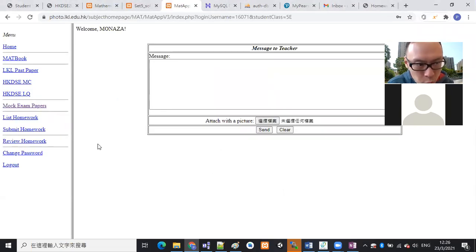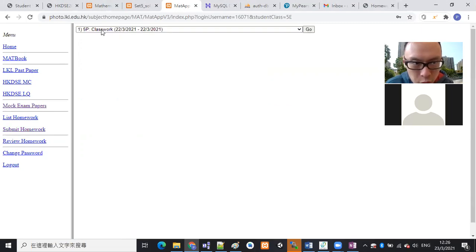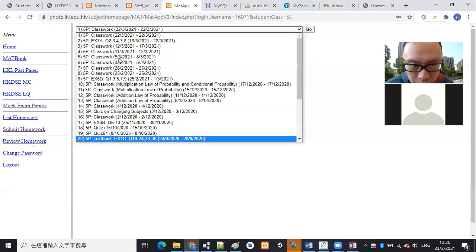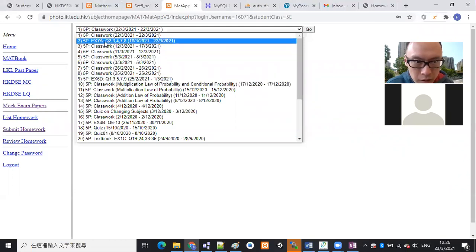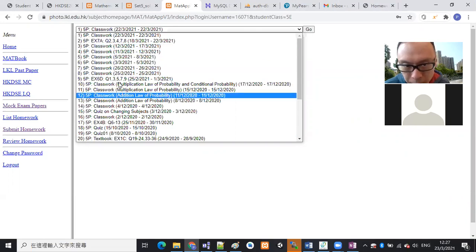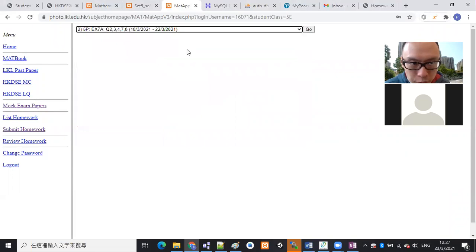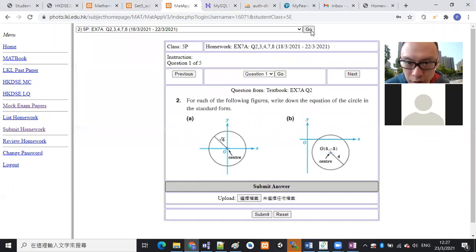Can you see my screen? So this is your name, right? Then you click submit homework here. And then you'll find all the classwork and homework. You need to submit all the homework first, and after that you may submit your classwork. For example, you click one of them and then click go.